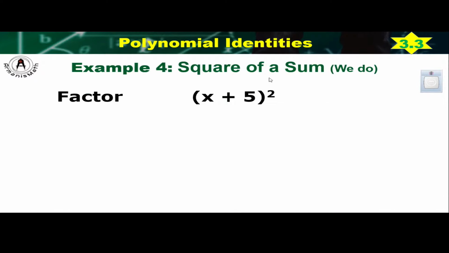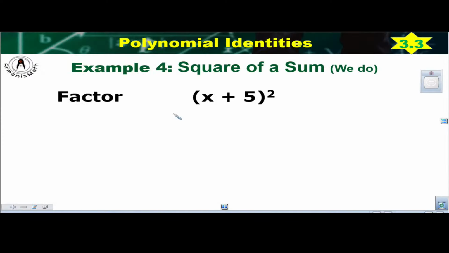It says the square of a sum. So basically in this example, I'm going to say this is the first term, right? So I'm going to take the x itself and then square it. Plus, I'm going to use the same sign here.